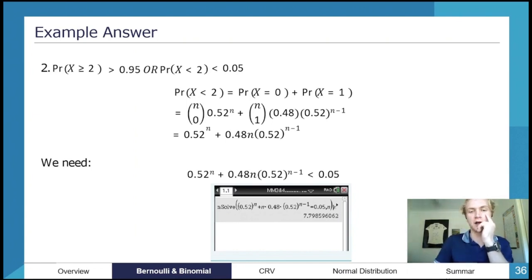This is using the formula for binomial distribution. I've gone over it before. It is just in your data booklet, so you can just apply this one. Nice and easy. So you sub that in, work out the combinatorics using your calculator, etc. Sub these in, work it out. We get this value of n.